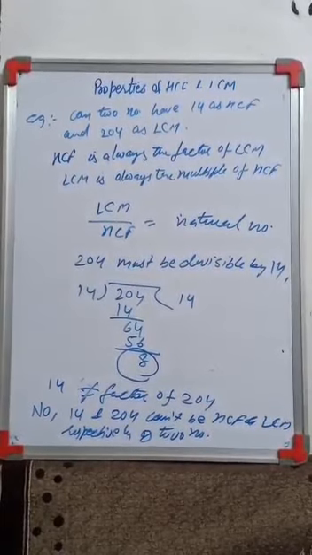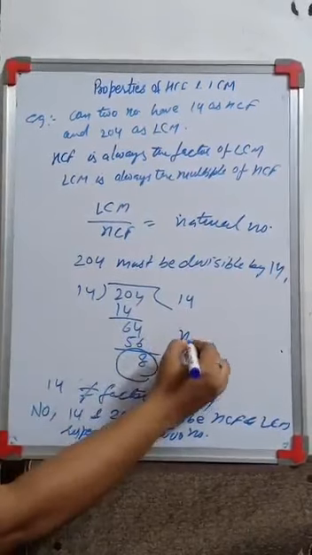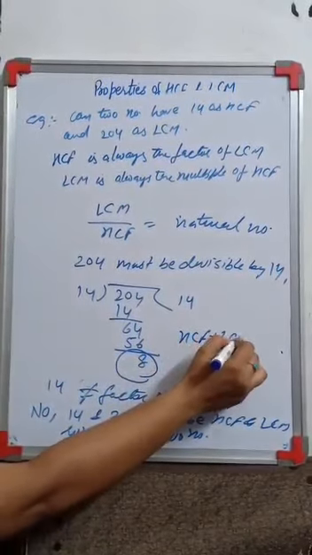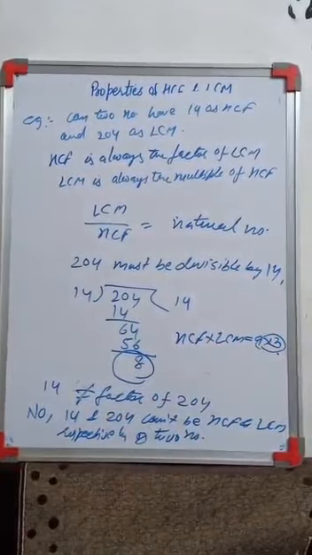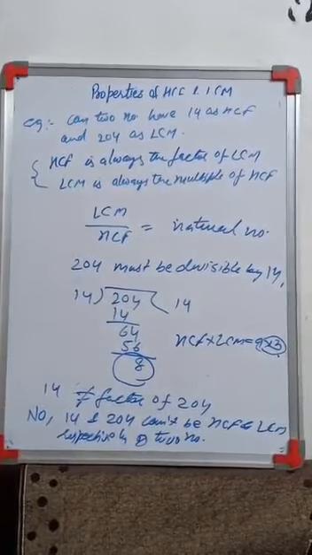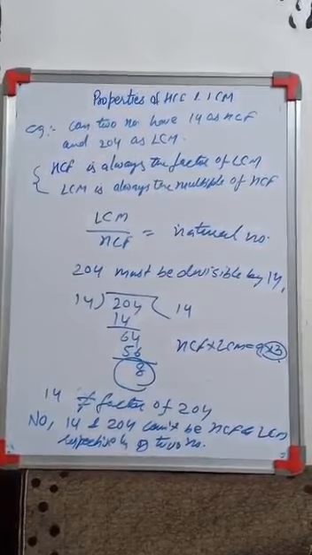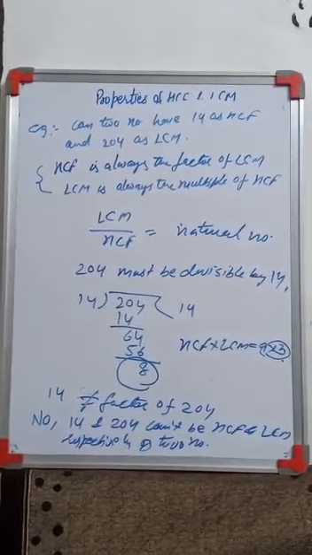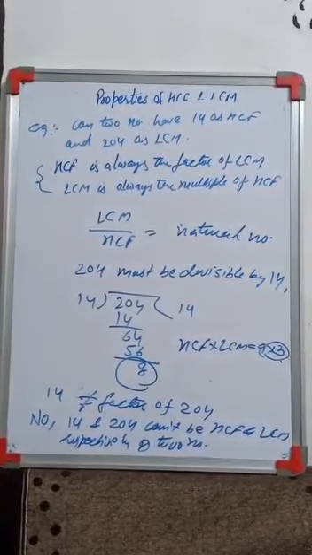Just remember that the product of HCF into LCM is always the product of the numbers. That is the main property, and the second main property is that HCF is always a factor of LCM and LCM is always a multiple of HCF. These are the very important properties of HCF and LCM. Based upon that you will solve your exercise.